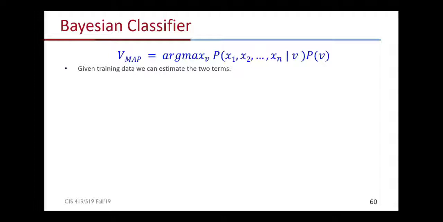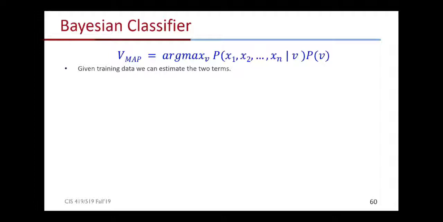So what does it mean to estimate P of x1 up to xn given v? It's the data item that you have, and you want to know the probability of observing this data item given that v is 0, and the probability of observing this data item given that v is 1. That's what's written here, right?